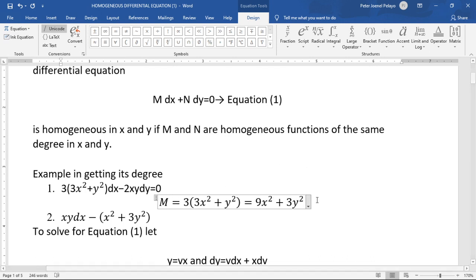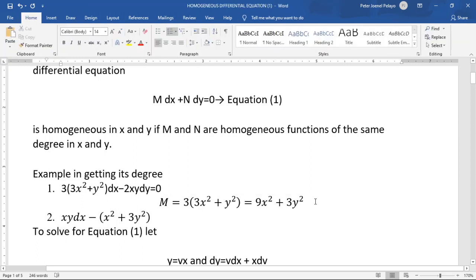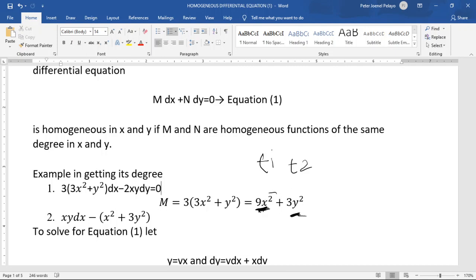Now, paano natin kukunin kung ano yung degree niya? Okay? So, we will check kung ano yung given. Ang M natin is 9x squared plus 3y squared. Ito yung term 1, ito yung term 2. Titignan lang natin yung variables.